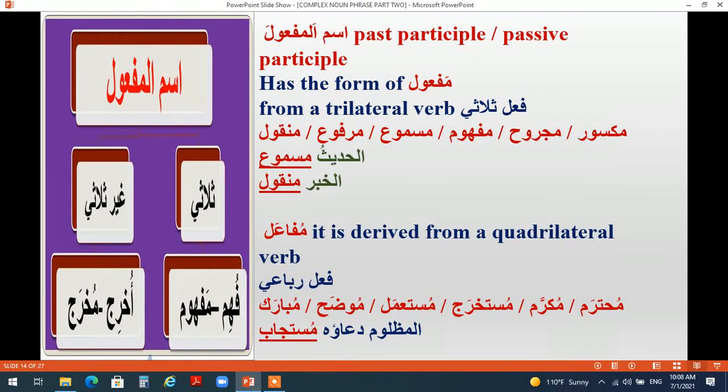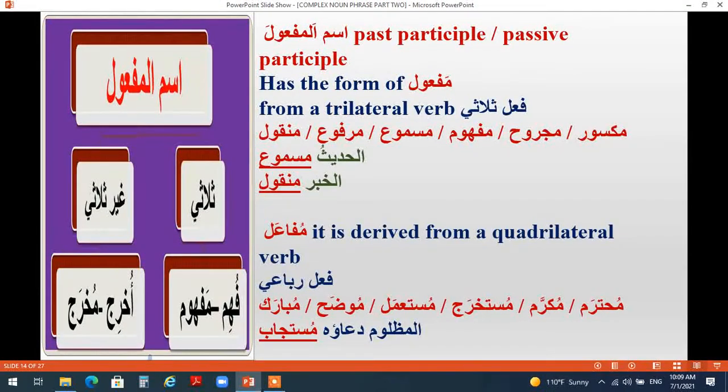أو نشتق اسم المفعول على صيغة مفاعل بأن نضم الحرف الأول ونضع فتحة على الحرف ما قبل الأخير. It is derived from a quadrilateral verb، حين يكون مشتقا من فعل رباعي. For example: محترم، مكرم، مستخرج، مستعمل، موضح، مبارك، كلها أسماء مفعول.